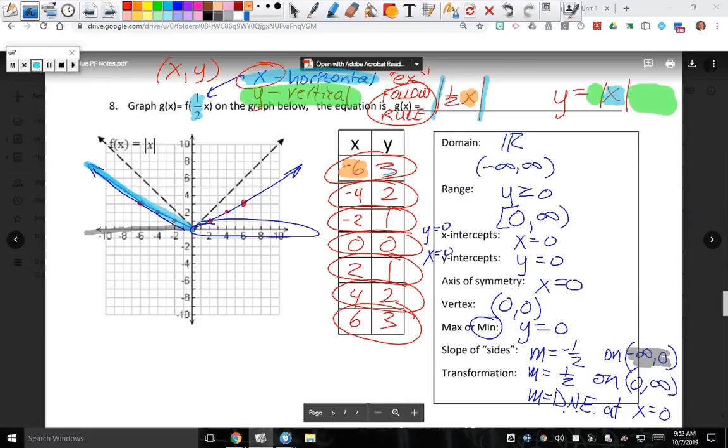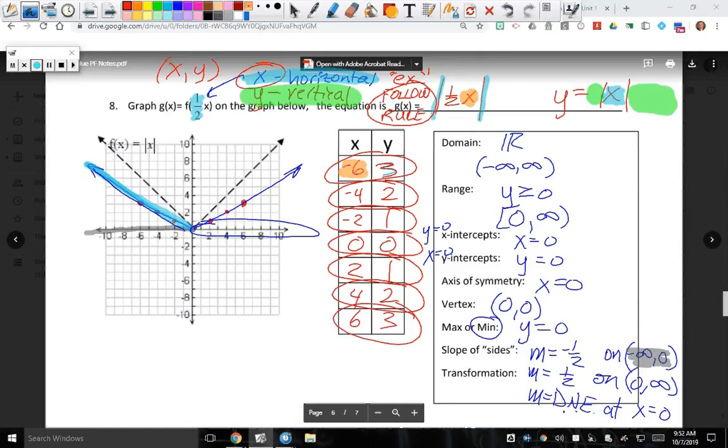Your x is your x because you were doing the opposite. But if it's not with the x, you follow the rule of what it looks like. So here's what I'm going to say. This 1/2, you're going to learn next class, it's not a horizontal compression by 1/2. It's actually a horizontal stretch by 2. And you'll learn this next class.